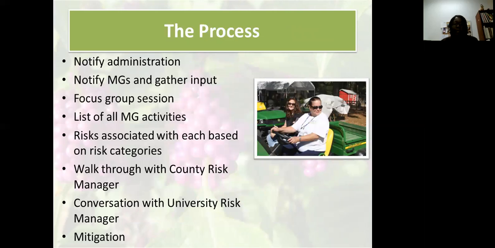So I'll tell you how we went about developing our plan. What I did is I notified administration, both at the county level and at the university level, that I was planning to put together a risk management plan for a Master Gardener program.